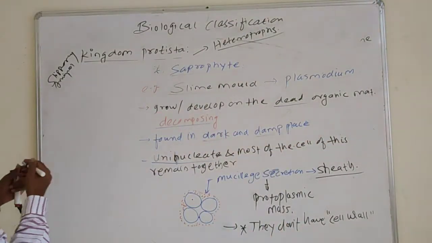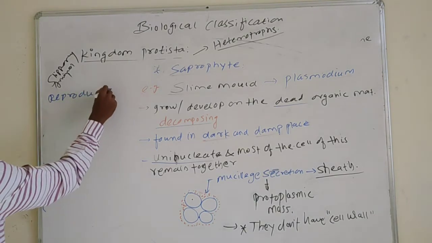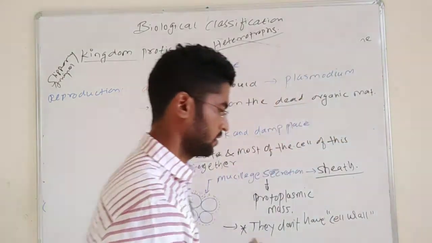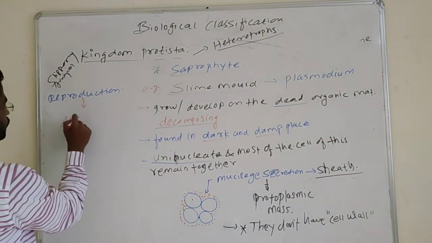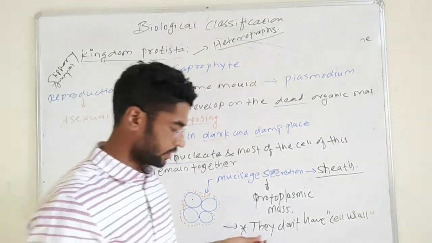The next important feature is reproduction. Reproduction is mostly asexual.